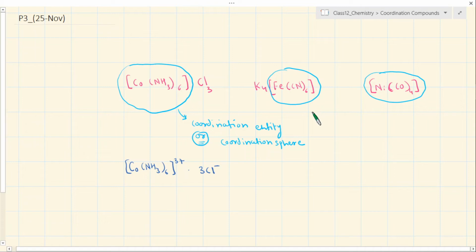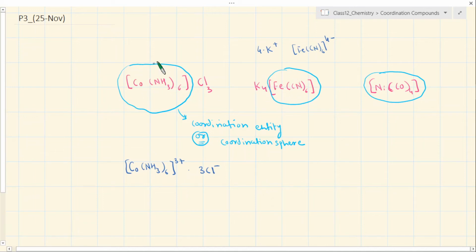If you put this one in water or in aqueous solution, the ions that you are going to get are 4 potassium ions, and you will get one big Fe(CN)6 4 minus, a negative ion. You can see that these are just the counter ions. Now you remember that in Werner's theory, he prepared the compounds where you only have a negative type of counter ion, but I told you at that point of time you also have compounds where the counter ion can also be positive, where the coordination entity becomes a negative ion.